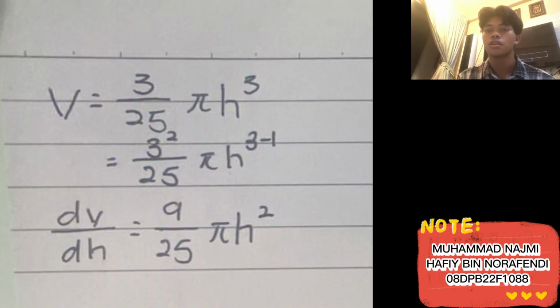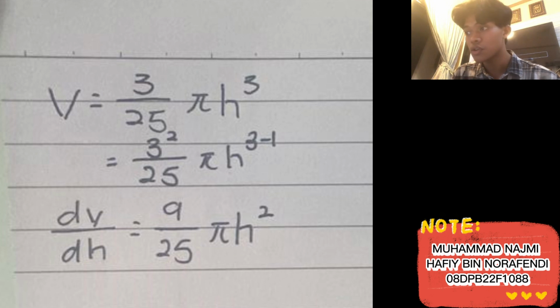Okay, hello, my name is Muhammad Ajmi Afi bin Rafendi, and I would like to continue the explanation of the questions. Like before, my friend Imran already did some part of it. At step number 7, we already got the volume answer, which is 3/25 pi h cubed.